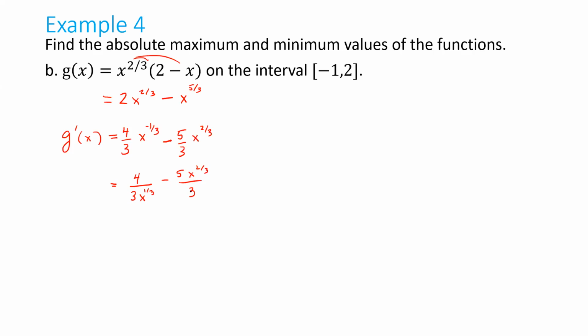If I combine these together, I can get a common denominator. So I can multiply here by x to the 1/3 to the top and the bottom to get a common denominator. And so we can get our critical values just by setting the numerator equal to 0 and the denominator equal to 0.